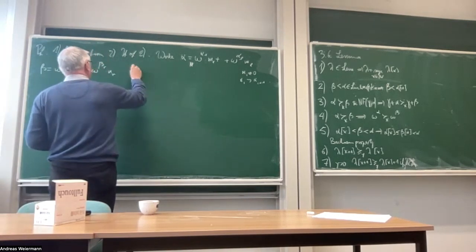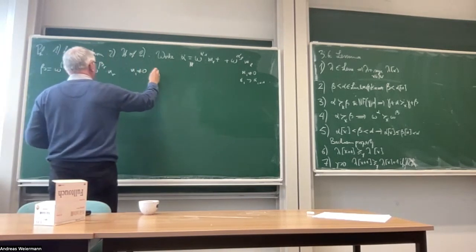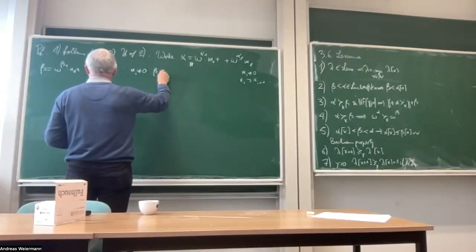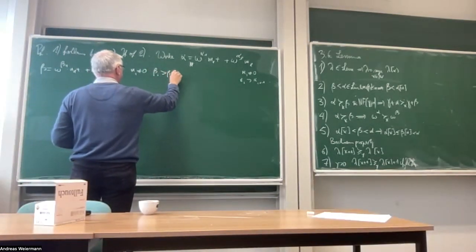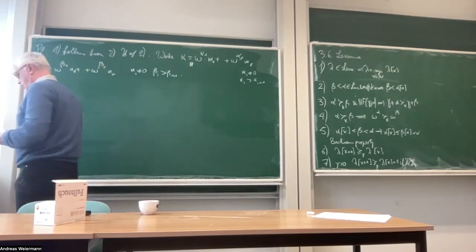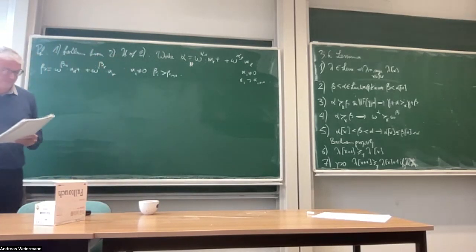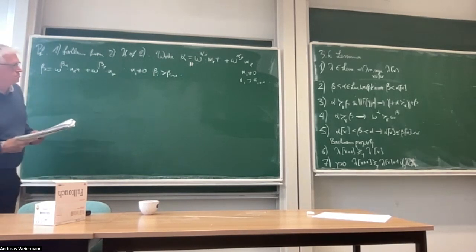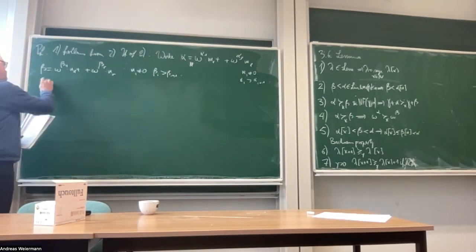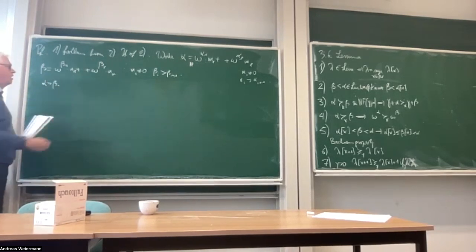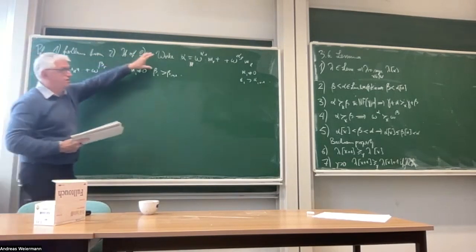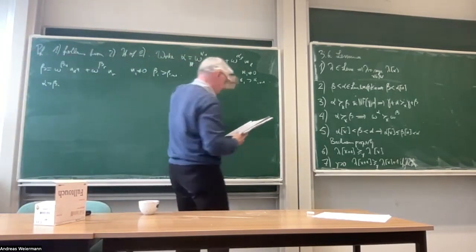Then we have here m i, and alpha i bigger than beta. Okay, what can happen? We have alpha is bigger than beta. So it could be that beta is just an initial segment of alpha.